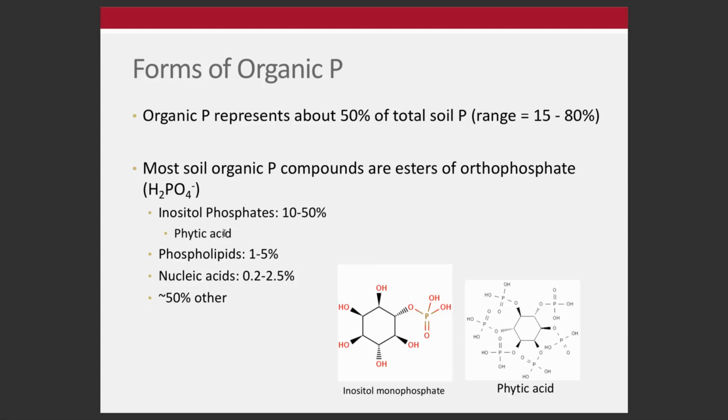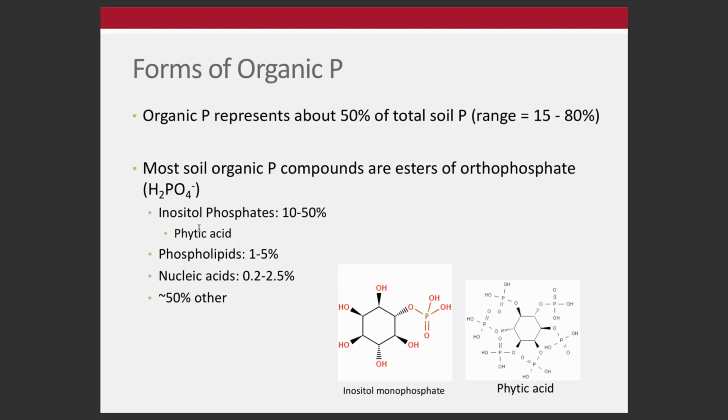We talk about phytic acid being an important or highly represented organic phosphorus, but more broadly, phytic acid would be classified into the inositol phosphates. So maybe 10 to 50% of total organic P would be these inositol phosphates, with phytic acid being one of those.